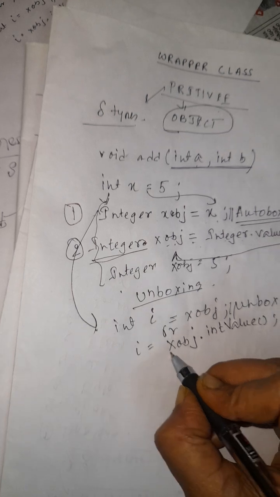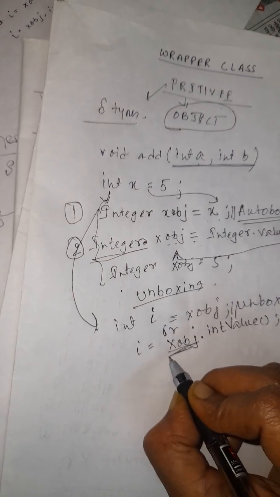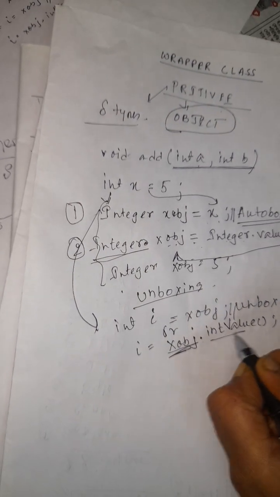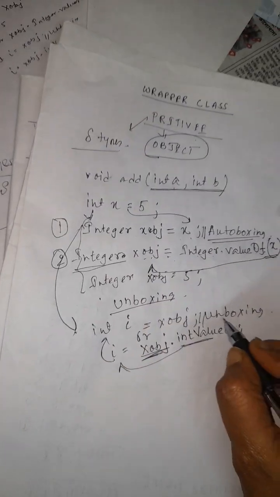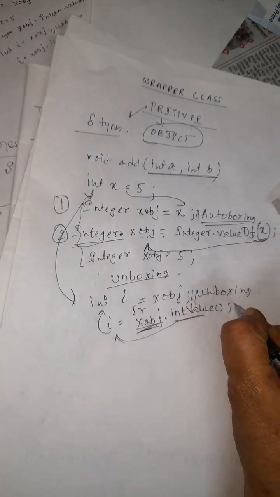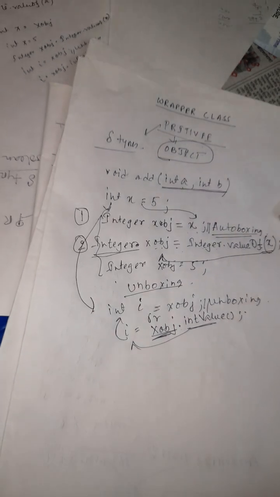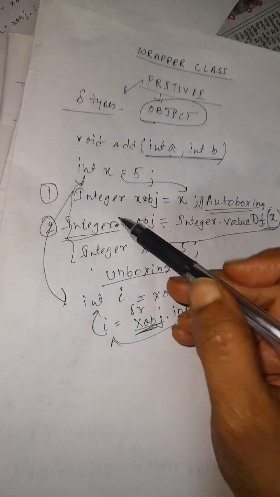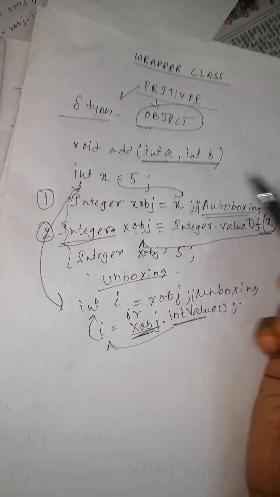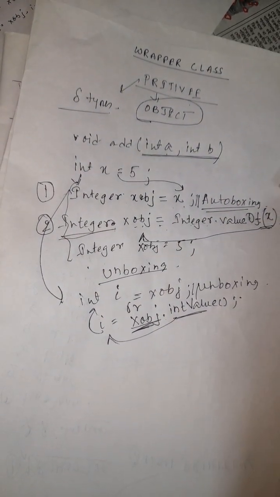Clear? So this xobj, that is the object of Integer, dot intValue means it will convert it to a normal integer. So this one is also known as unboxing. There are two procedures, any one of which you can follow for unboxing. There are also two procedures, any one of which you can follow for autoboxing.